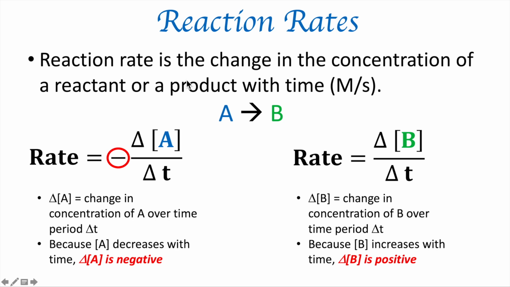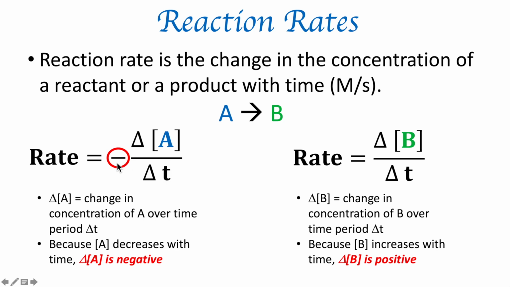So the reaction rate is a change in the concentration of a reactant or product with time. In other words, molarity per second. If I'm going from substance A to substance B, A is my reactant, B is my product. If you're measuring the rate of A, you look at the change in the concentration of A versus time.